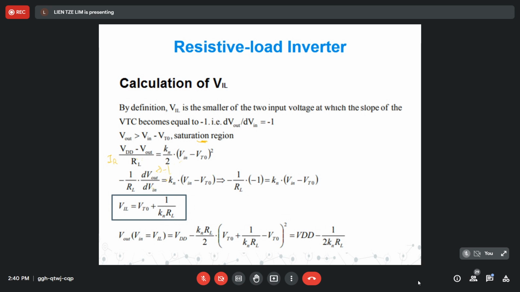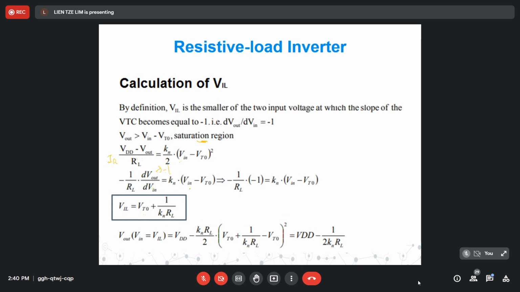So eventually we get this formula. All the derivation, you don't really need to know how to derive it. I explained it because I want you to know where the formula comes from. But when you study, you do not really need to know how to derive it. You just roughly understand it.